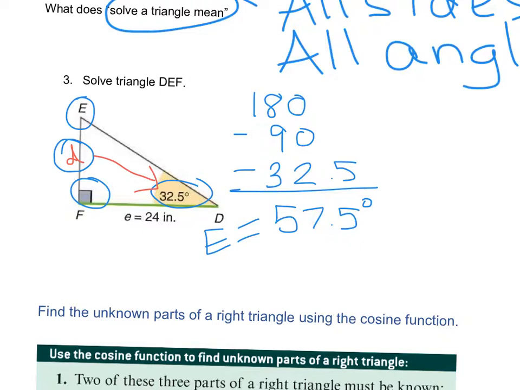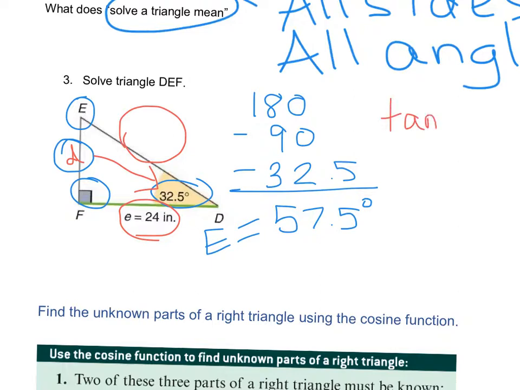If we find E, the problem is we're missing the hypotenuse. The hypotenuse is unknown, so we wouldn't be able to use the angle, sorry, the 32.5 we could use, but we would have to switch to tangent because we don't know the hypotenuse, so we can't use sine. We could use tangent though.